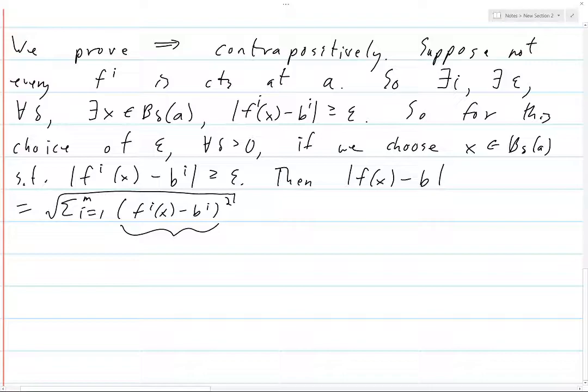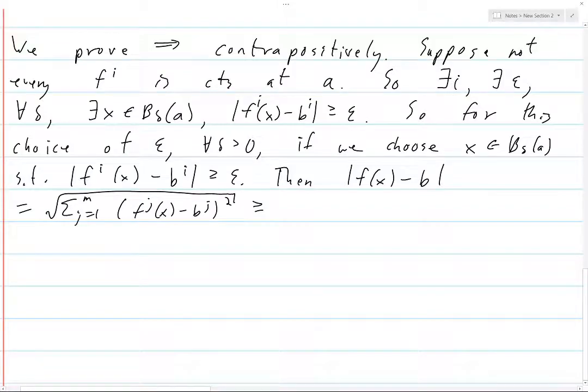So this is going to be bigger than just throwing out a bunch of these positive terms. I should use j here so that we don't confuse it with the i that we've chosen, because i specifically refers to the index such that fi is not continuous at a.